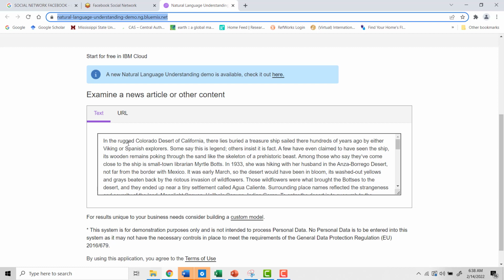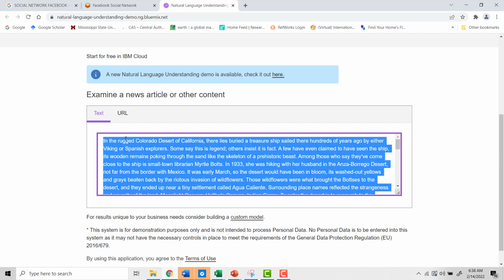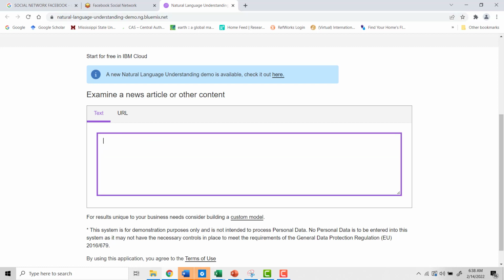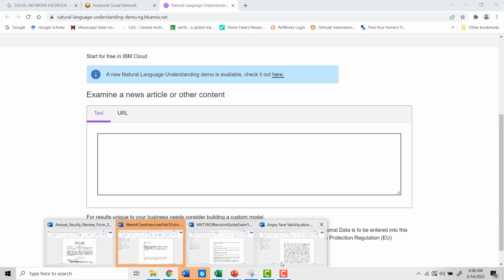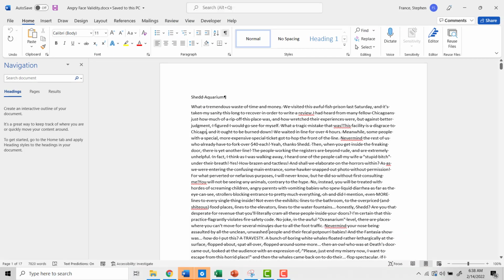So what you can do is enter some text and then analyze it. Now, I actually have some text. I did some analysis of online reviews on Yelp, looking at different types of sentiment, and I've got different documents. I've got one which has lots of angry reviews. This is a very angry review about the Shed Aquarium in Chicago.